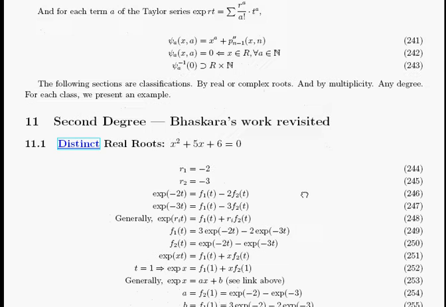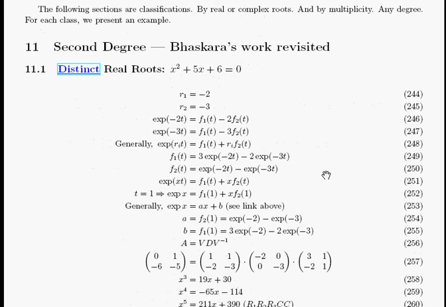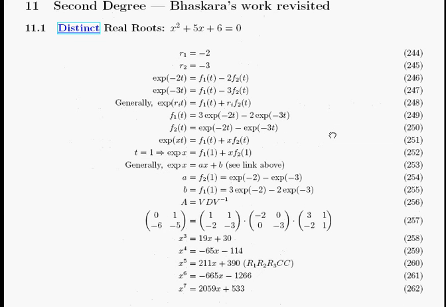Here are the examples. x squared plus 5x plus 6 equals 0. When A is the exponential of minus 2 minus exponential of minus 3, and when B is 3 exponential of minus 2 minus 2 exponential of minus 3, we have the same solutions.